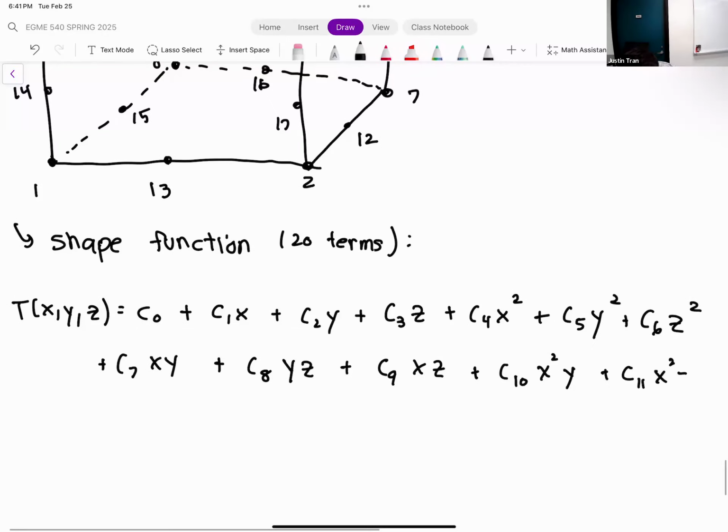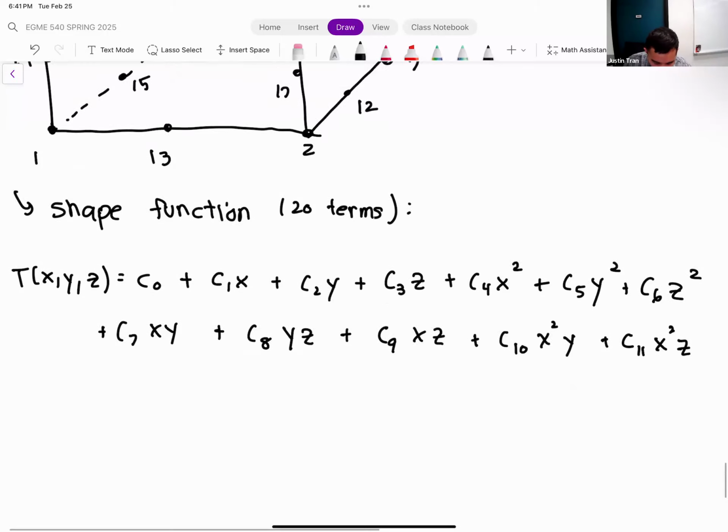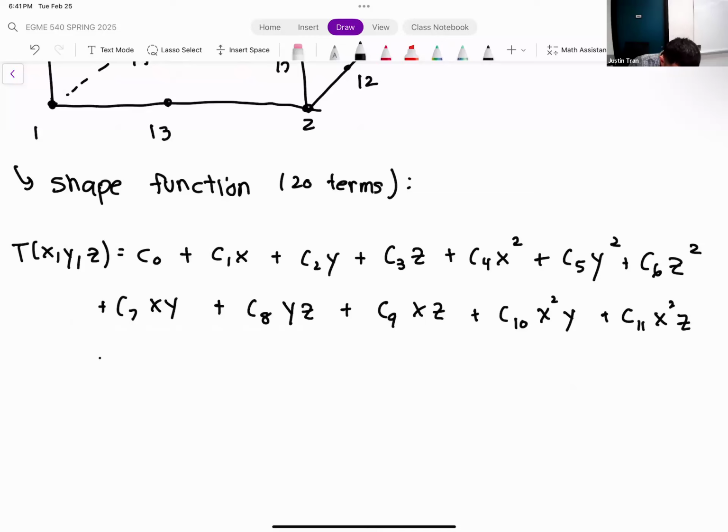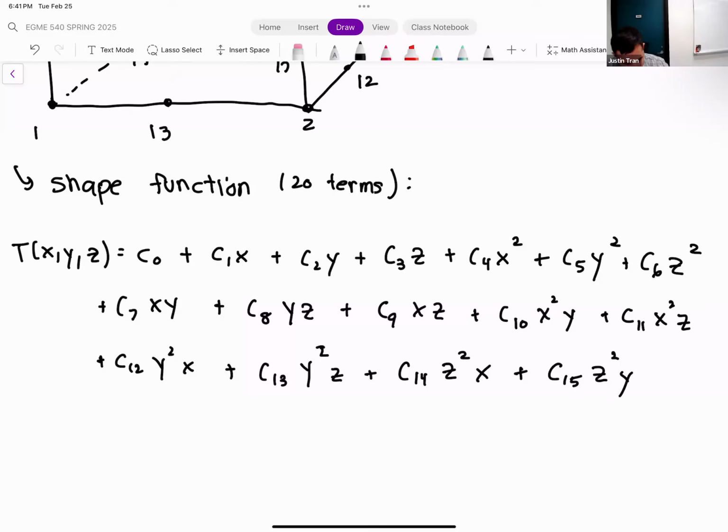C11 x squared z. And we have all the same terms for y and z as well. So we have plus C12 y squared x plus C13 y squared z plus C14 z squared x plus C15 z squared y.